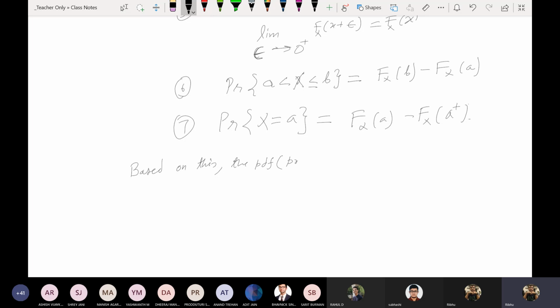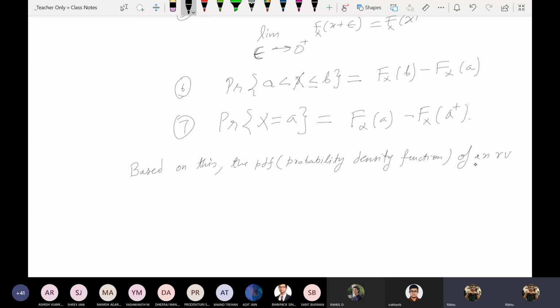The PDF, the probability density function of a random variable.